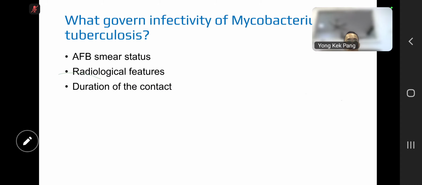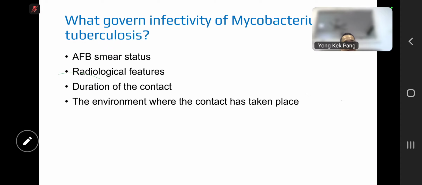The third parameter is the duration of the contact and how close the contact was. If someone is staying together, sharing the same air space in a room or in the same living hall, obviously the risk is higher compared to being in open air, not in an enclosed environment, for a very short duration.